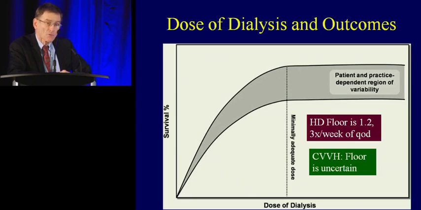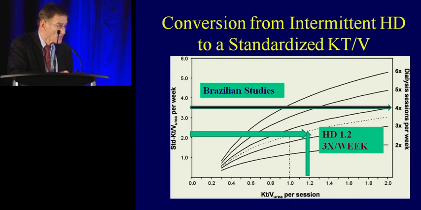And there's no reason to use very high effluent rates in CVVH because there's no evidence that it really improves outcomes. So if we make that argument, it would make sense that if you use intermittent hemodialysis 3 times a week, you really should target a Kt/V of 2.1, and that's where the target should be for treating patients with acute kidney injury. And that's how we came to that conclusion in that paper.